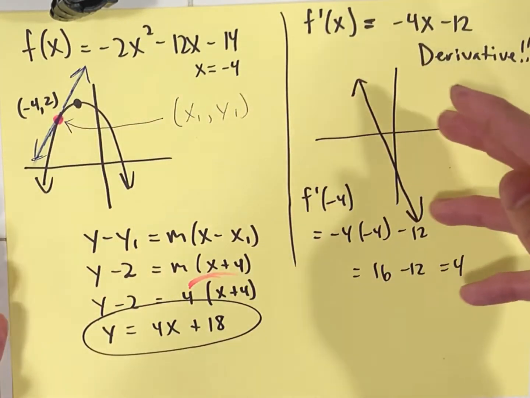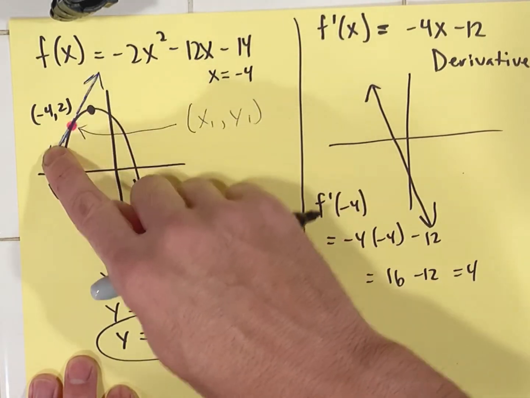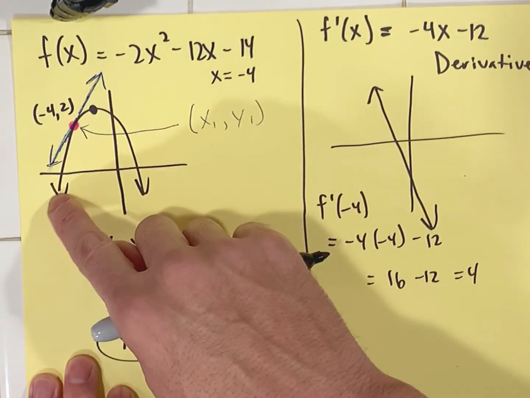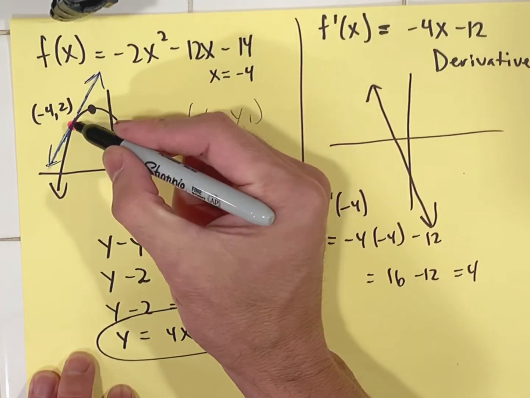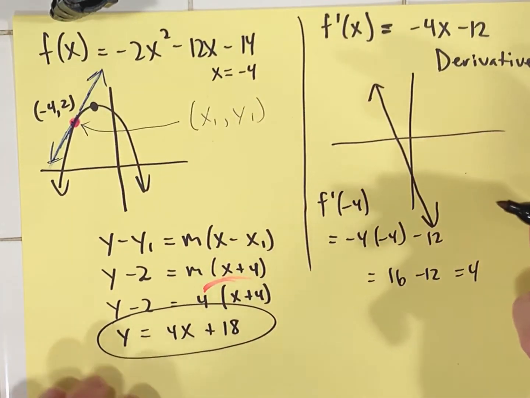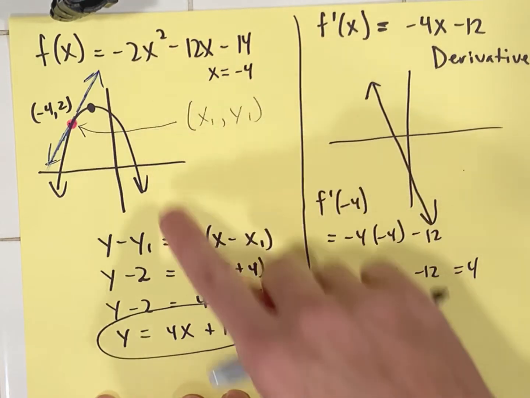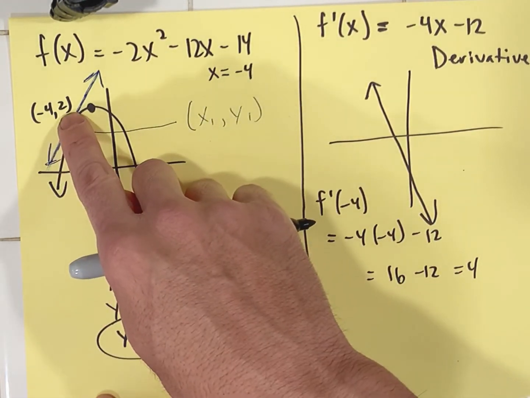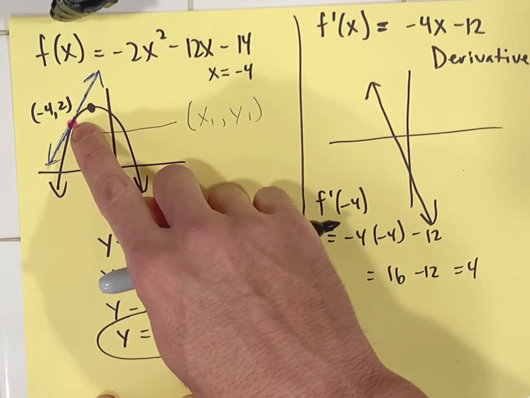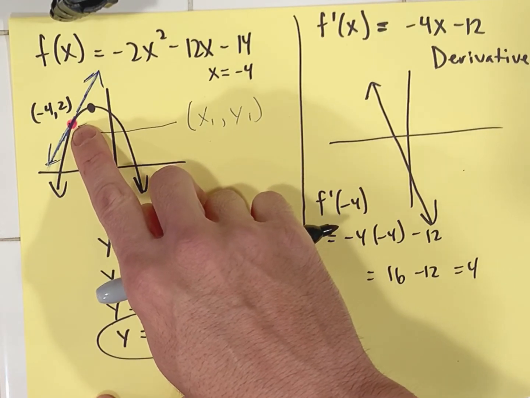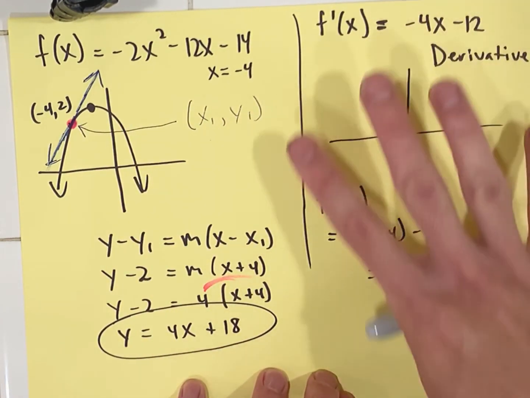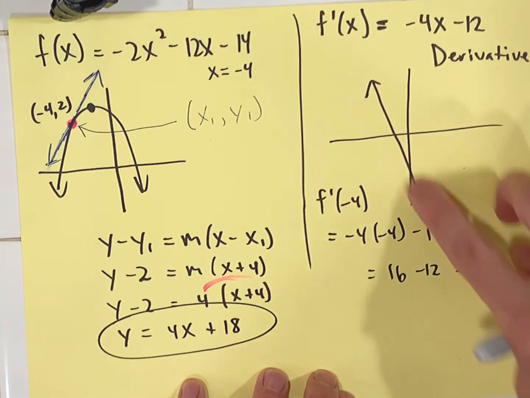And that makes perfect sense because the tangent line and the original function have one point of contact, this point here, which is called the point of tangency. So if you take -4 and plug it into the original function or into the tangent line, you of course get the same output, the y coordinate of your point of tangency. So the derivative has its own little deal going on. It has a graph of its own.